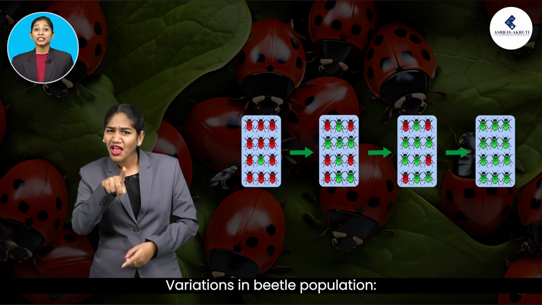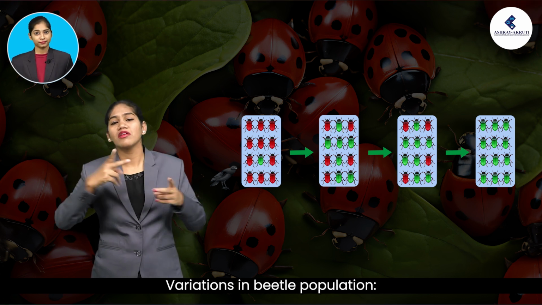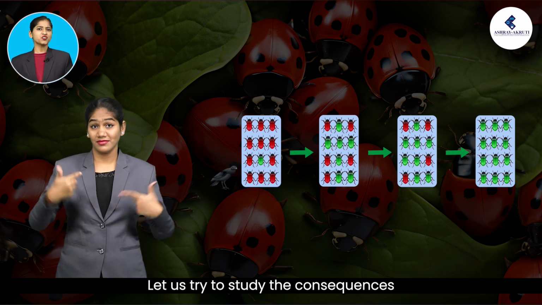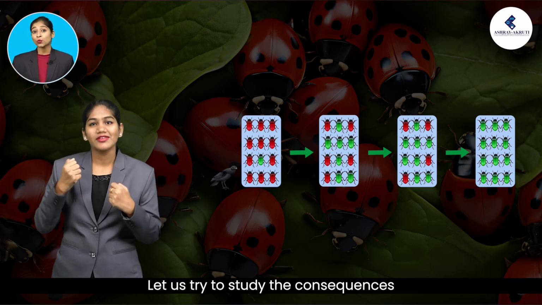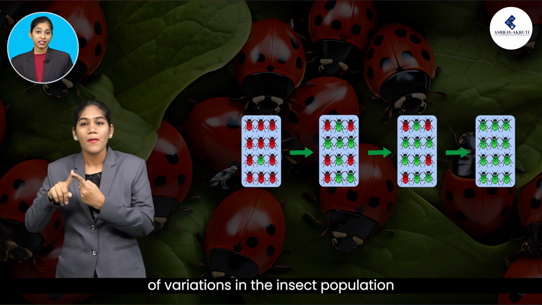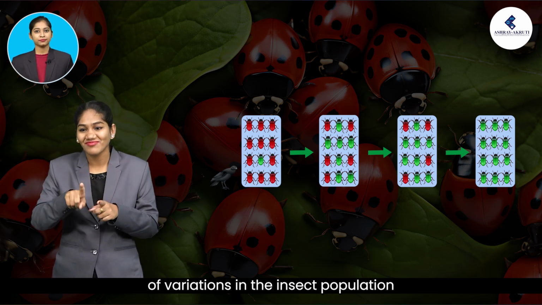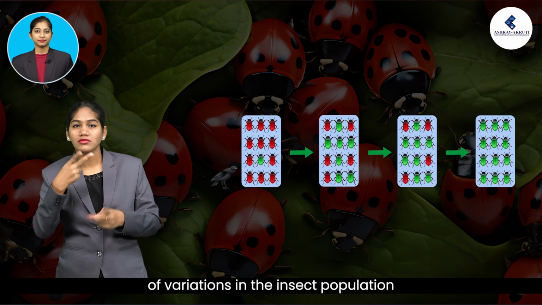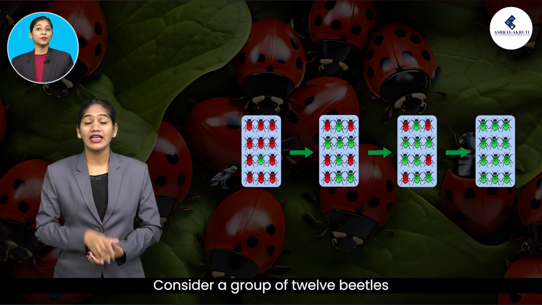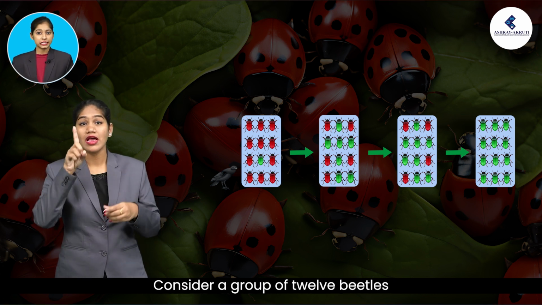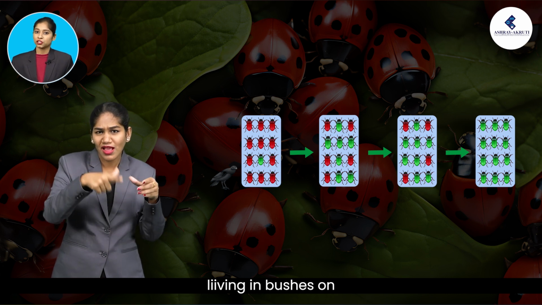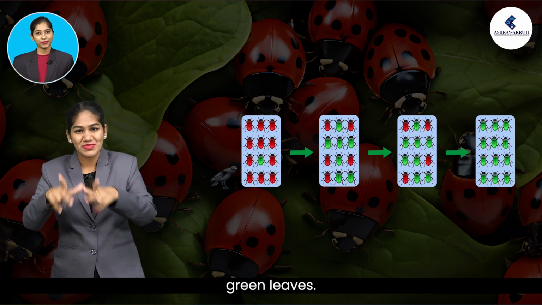Variations in beetle population. Let us try to study the consequences of variations in the insect population. Consider a group of 12 beetles living in bushes on green leaves.